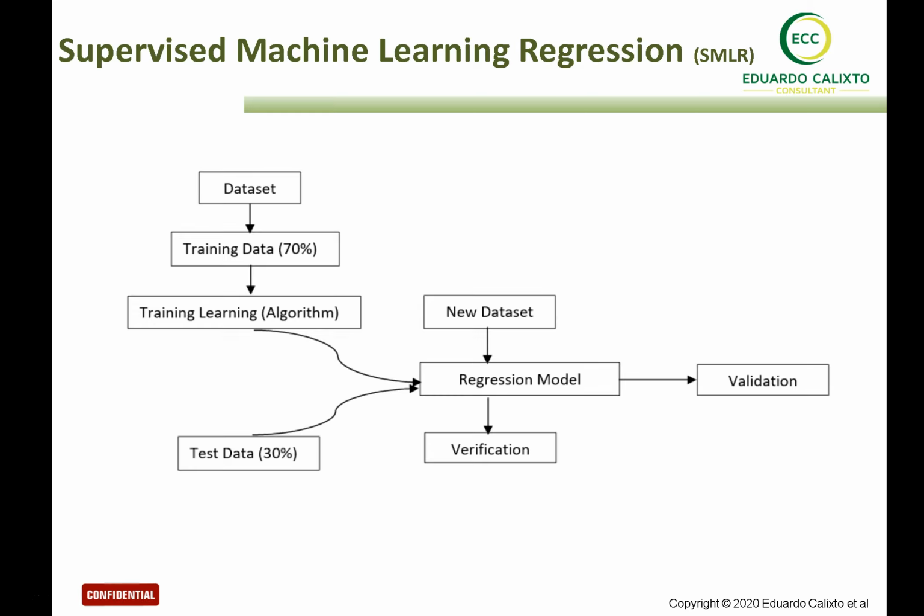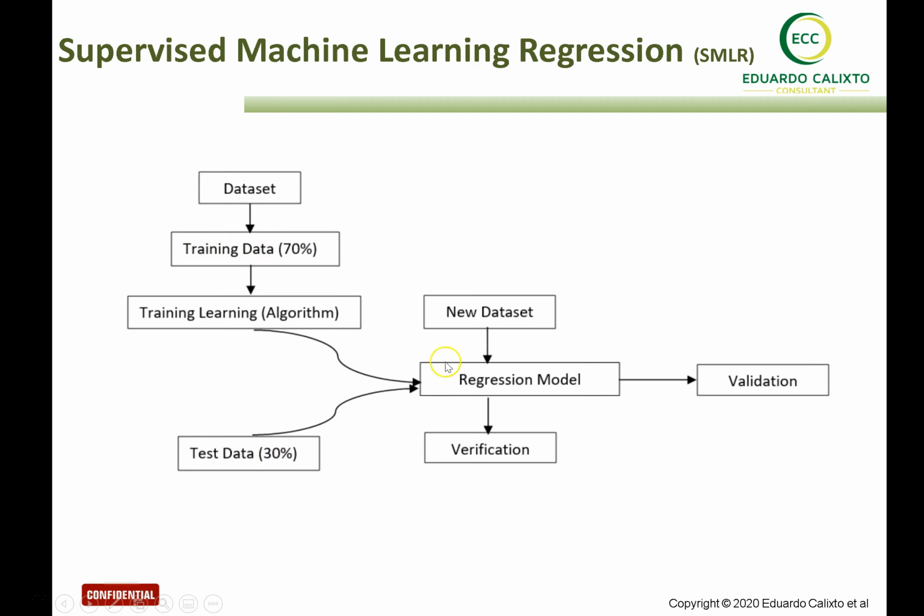But to do that, we need to know previous data, and split this data set of previous data with such information that we want to predict. Split this into training data and test data, 70-30%.